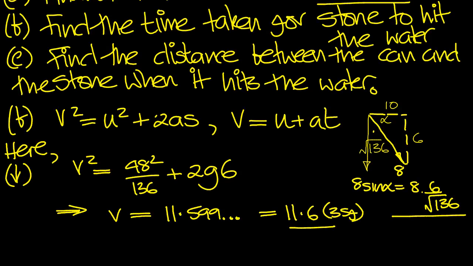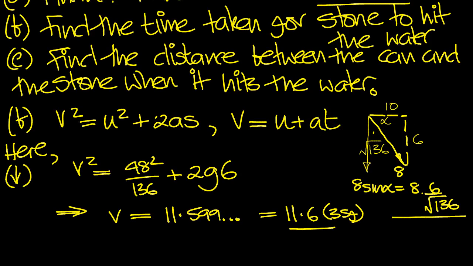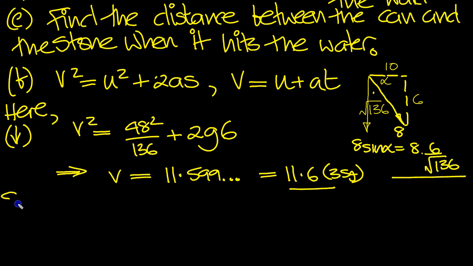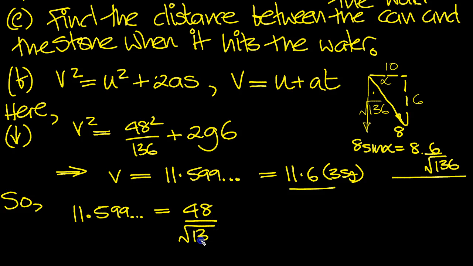Now we can find the time taken, which is what we want. This 11.599 is equal to the initial velocity downwards, which is 48 over the square root of 136, plus the acceleration due to gravity times the time.